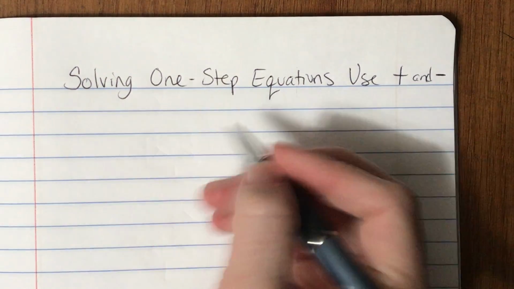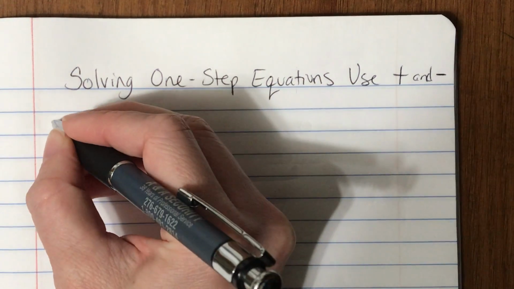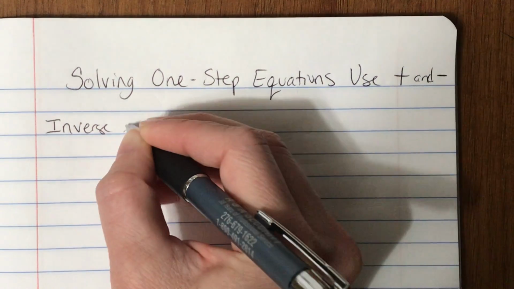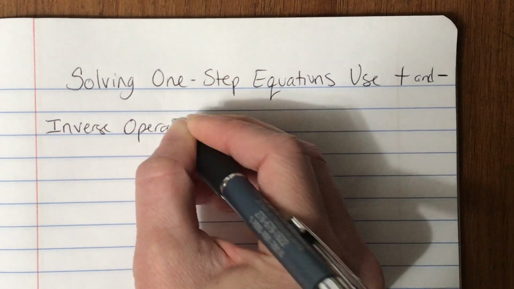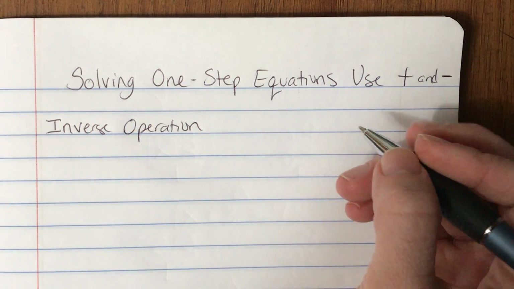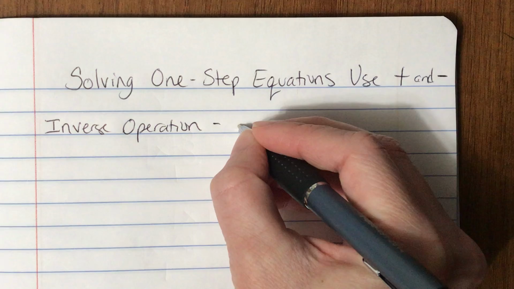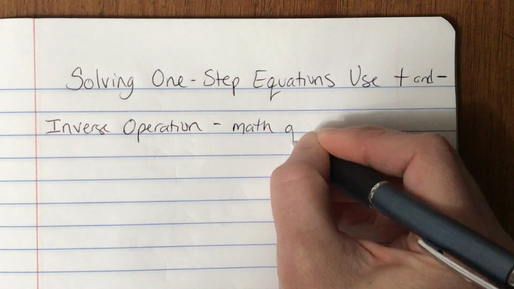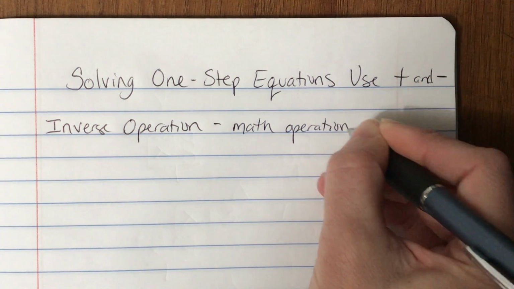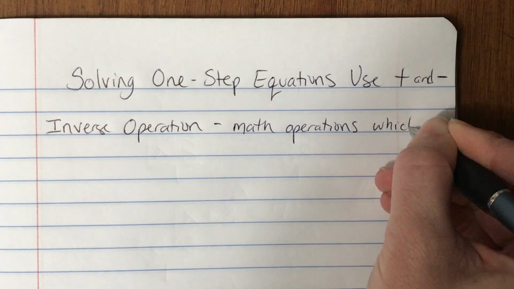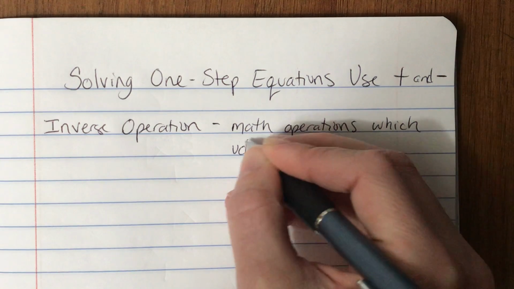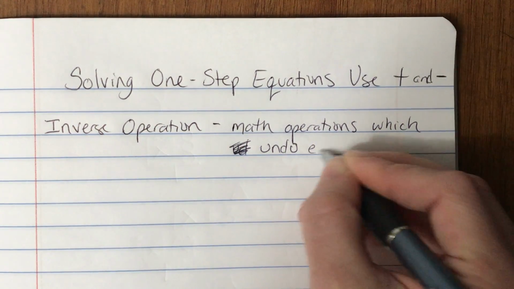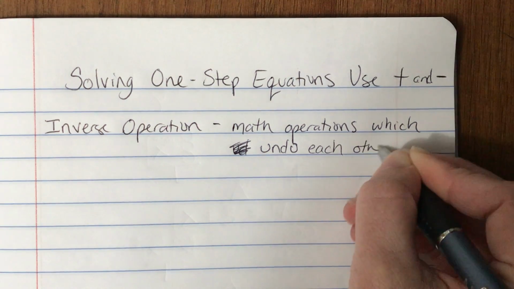What we just talked about is what is called an inverse operation. Inverse operations are just math operations that undo each other.